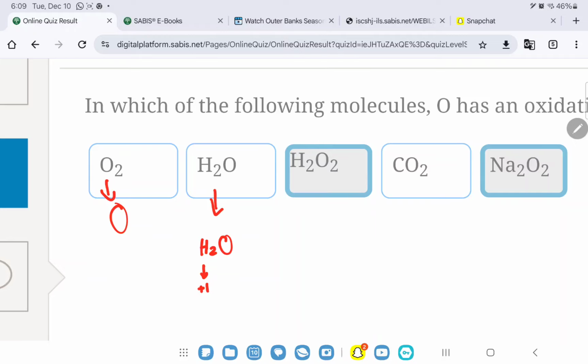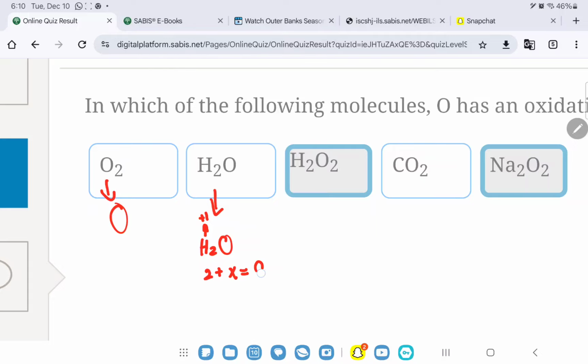So we said that H is +1, and since H is usually +1, unless it comes with a metal hydride, which we're going to see in a question later, you count it as 1 and you multiply it by the subscript. So 2 plus something for O, which we're going to call X, gives us a charge of, the charge up here is 0.